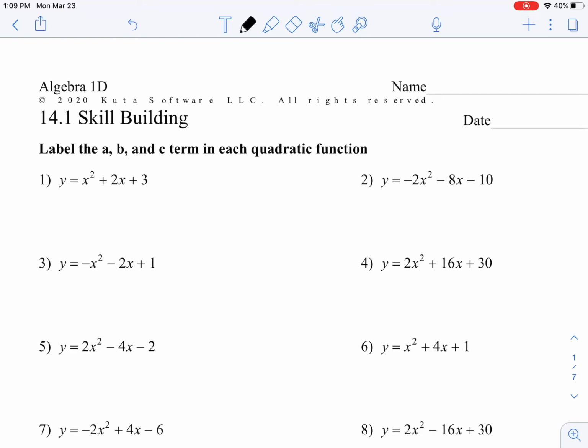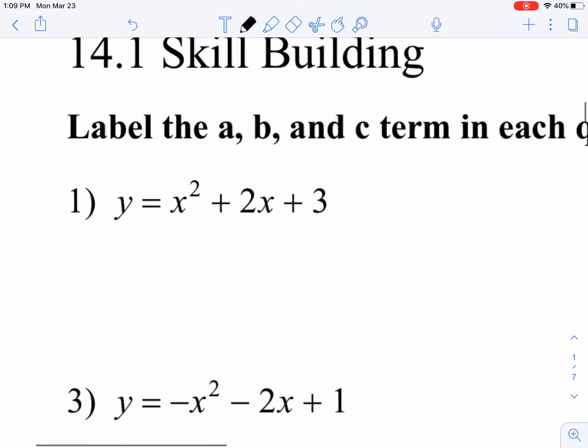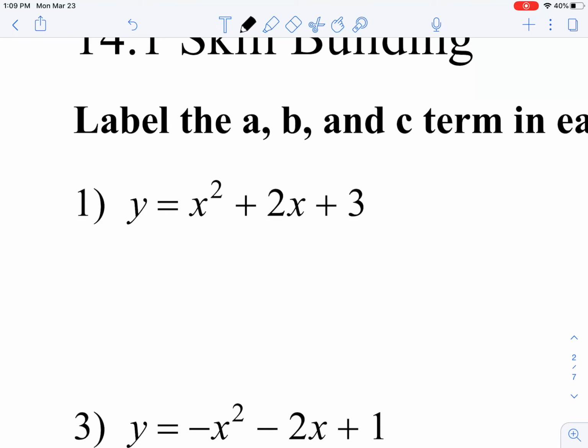By the end of this lesson, you'll be reminded how to find the vertex from standard form. Standard form looks like number one in all of these, where we have ax squared plus bx plus c.